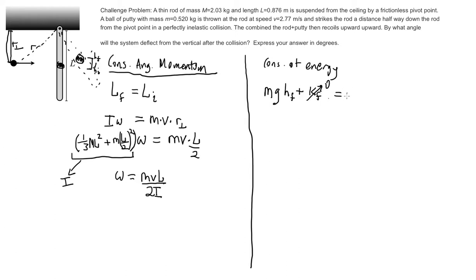Initially, the center of mass has m g h initial, added to the kinetic energy of rotation.